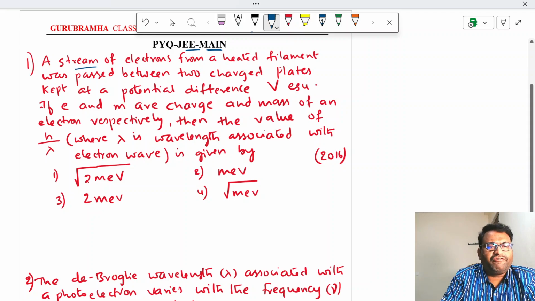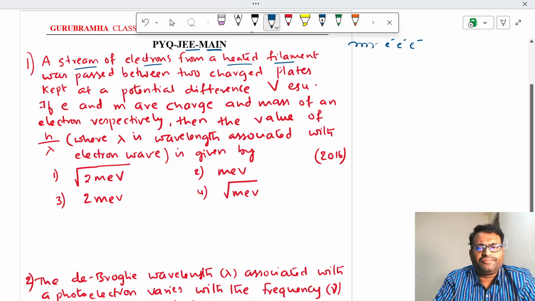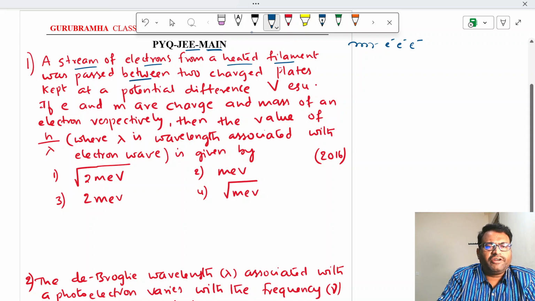A stream of electrons from a heated filament. For example, this is a heated filament, and it is releasing electrons. This is passed between two charged plates.